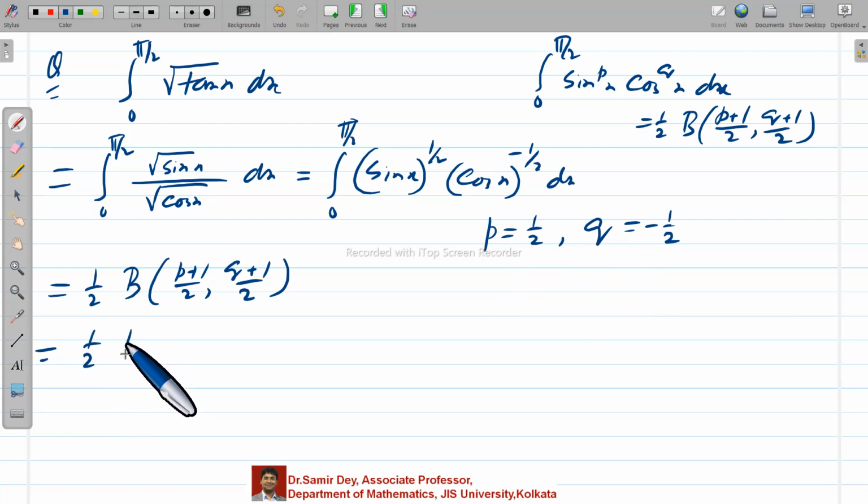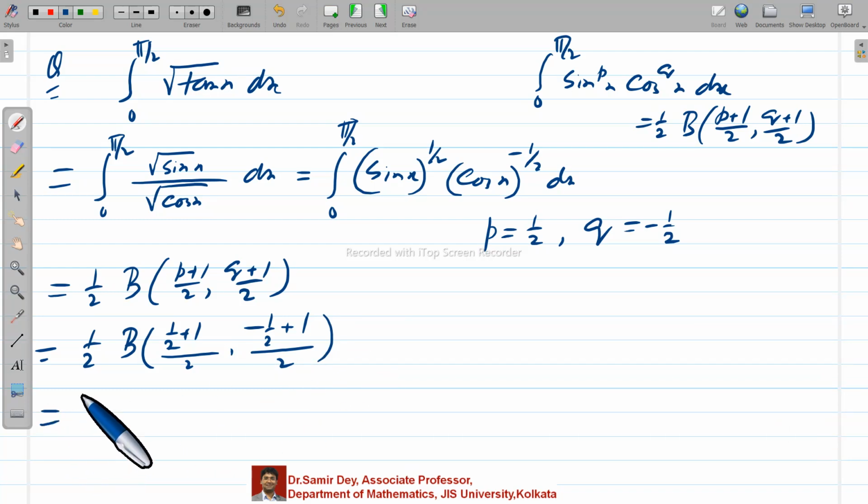So 1 by 2 beta of (1 by 2 plus 1) by 2, comma, (minus 1 by 2 plus 1) by 2. Ultimately it is coming 1 by 2 beta. If you take LCM, it is coming 3 by 4 after simplification, and here it is coming 1 by 4. Please check. Now your result is half beta 3 by 4 and 1 by 4.